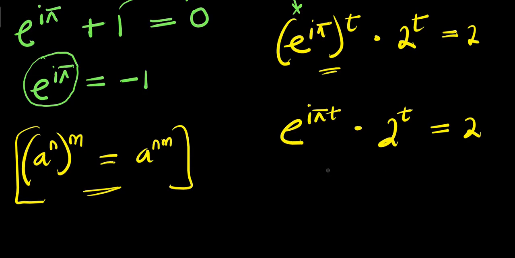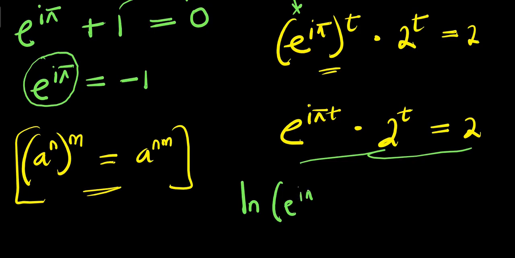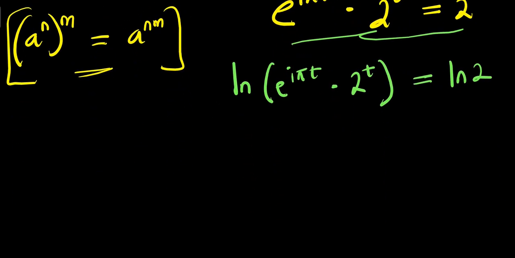So now, with this equation, what we are going to do is to make use of natural log. So we have ln of e to the power of i times pi t times 2 to the power of t equals ln 2. Now, we can apply this logarithm property.